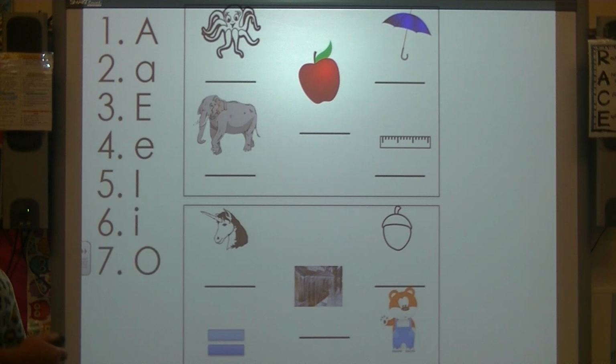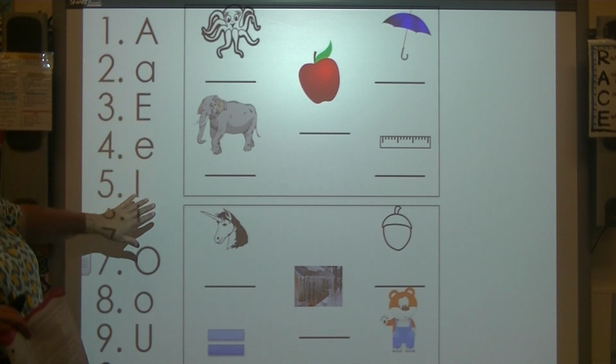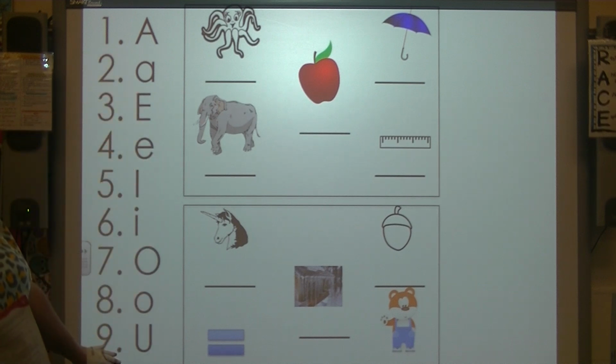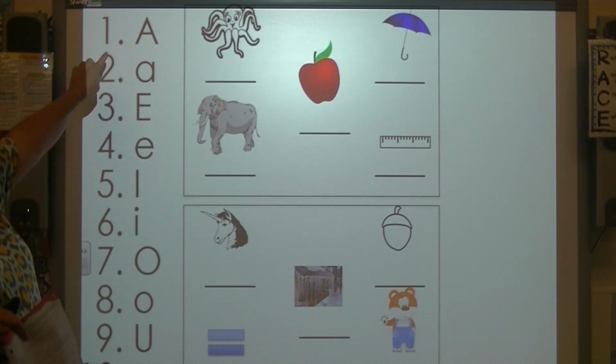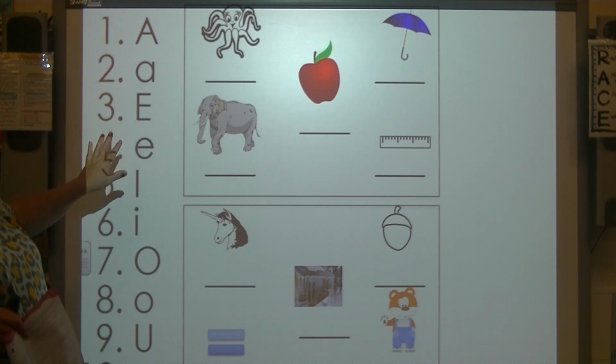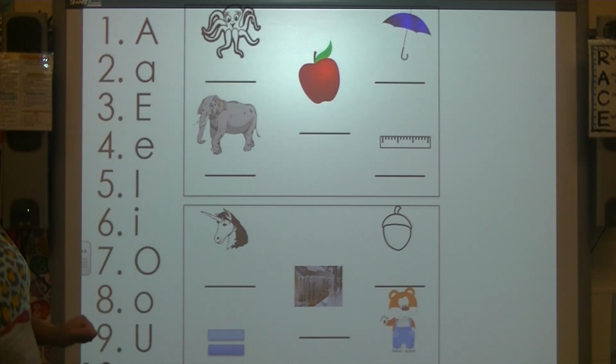Lowercase I, uppercase O, lowercase o, uppercase U, and lowercase u. So like I said, you can have them in any order. They don't have to be in this exact order as long as you have an uppercase and lowercase of each vowel. You may check your work.